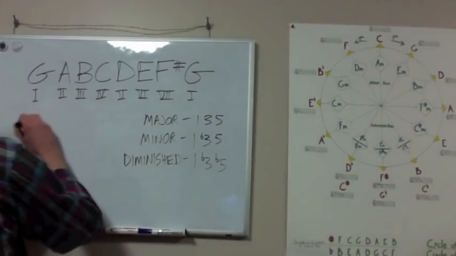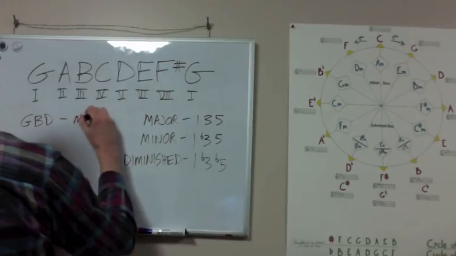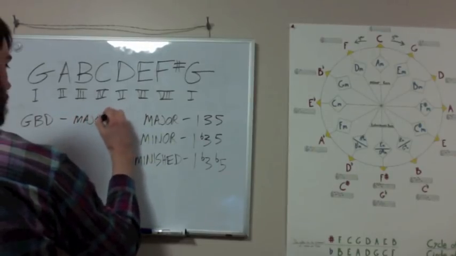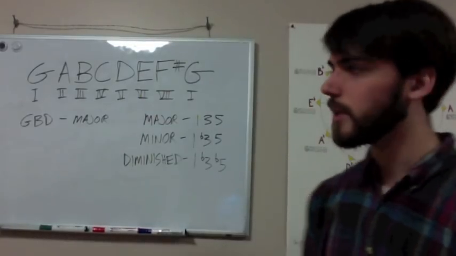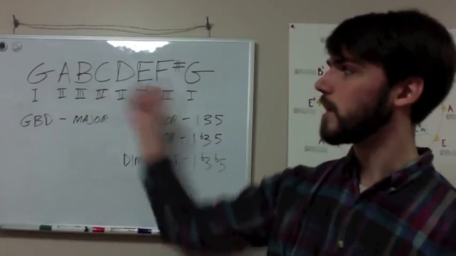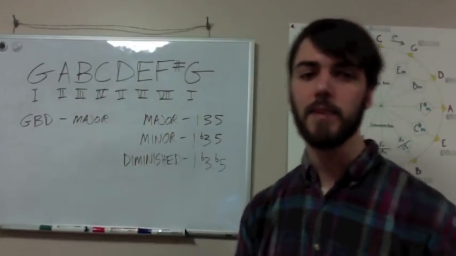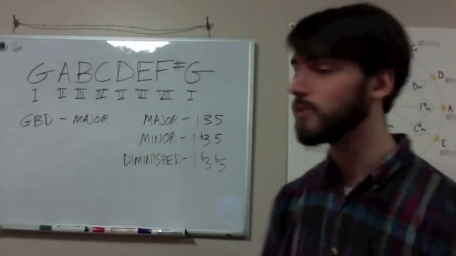We put those three notes together, we get a major chord. And we know it's a major chord because in the last lesson we defined 1, 3, and 5 from a major scale as a major chord. That's the definition of a major chord.